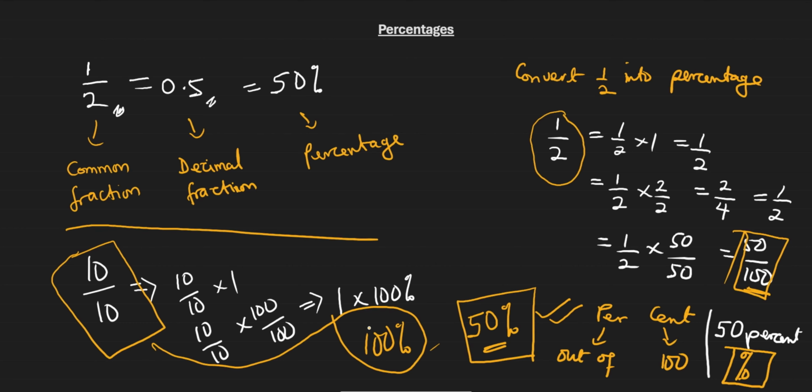So let's try some 1 or 2 questions, 2 more, for us to understand how percentage works. 2 over 5 to its percentage equivalent. To do this, this is equals to 2 over 5 times 1.